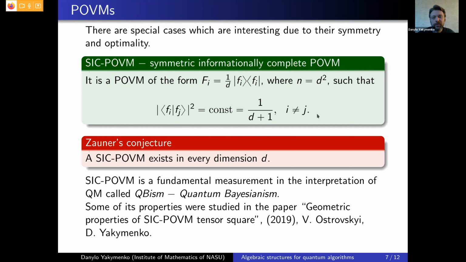Now it turns out that this symmetry is actually very, very useful, because this POVM becomes optimal from multiple views. For example, there is a whole interpretation of quantum mechanics called QBism, quantum Bayesianism, where SIC-POVMs are considered as the fundamental measurement.